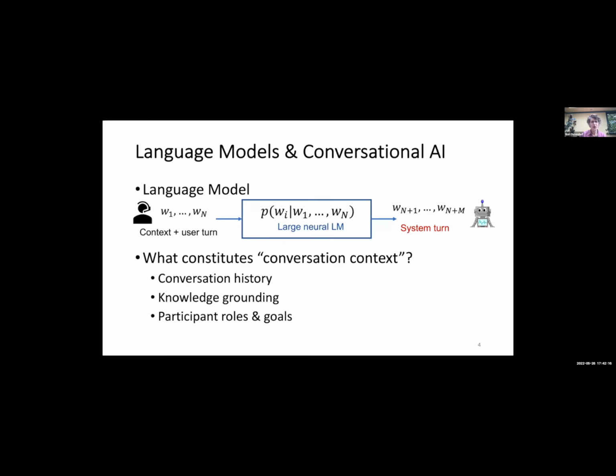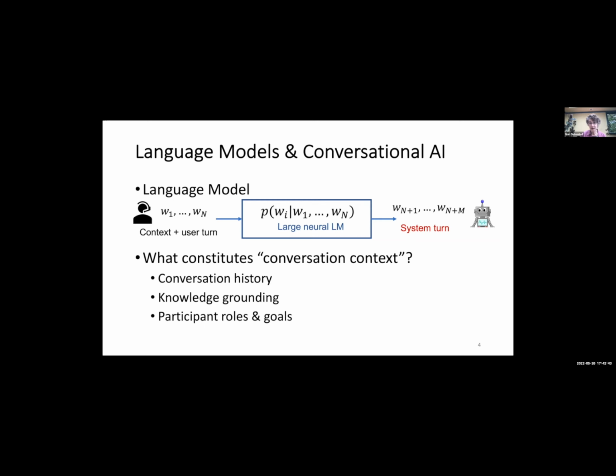Okay, so just to put this in a little picture, what I'm doing is I'm taking the conversational context and the user turn and making it one long sequence. That's going to be my prefix that goes into my neural language model, which is then going to generate the response.